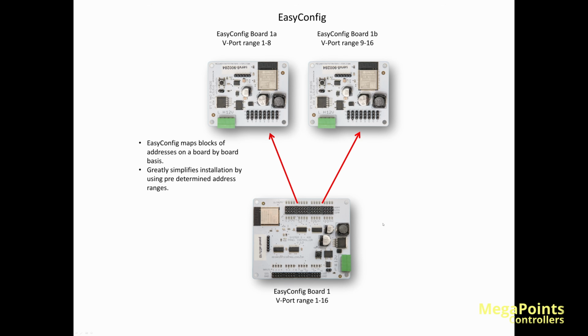Here's the starter kit contents, and we have a panel controller, which is configured as easy config board 1. And we have a servo driver, the first one as easy port 1A, and the second one in easy config board 1B. So the first 8 ports would be to this servo driver, and the second 8 ports or channels would be to this servo driver.